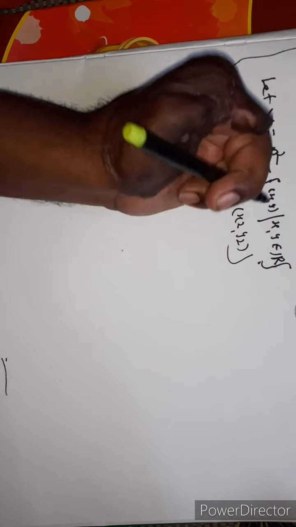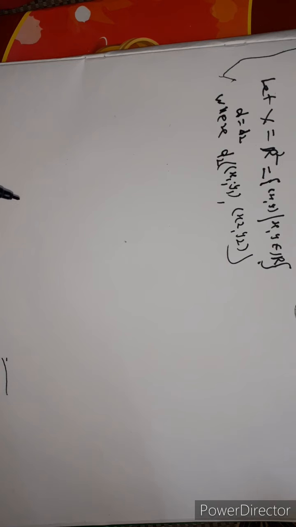Now see here, X is equal to R2. It is the set of (x, y) so that x, y belong to R, and the metric D is D2, where D2 of (x1, y1) and (x2, y2). See here, (x1, y1) is a point of R2, and also (x2, y2) is a point of R2.